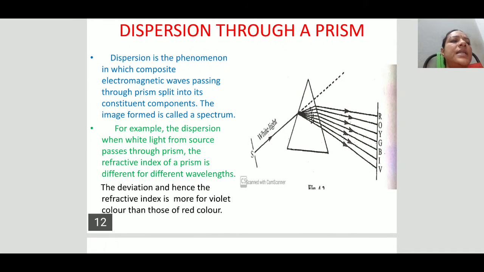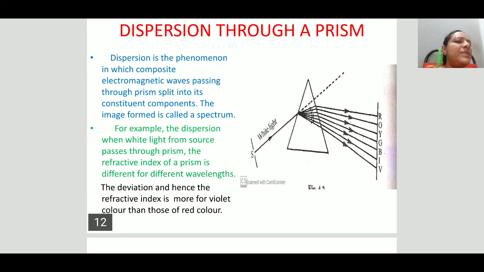Next, let us know about dispersion. Dispersion through a prism. I think you are familiar with dispersion. Just recall this one. Dispersion is the phenomenon in which, when white light is incident on this prism, it splits into its 7 constituent colors.